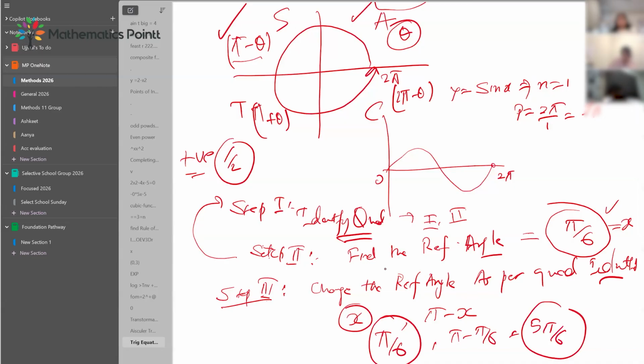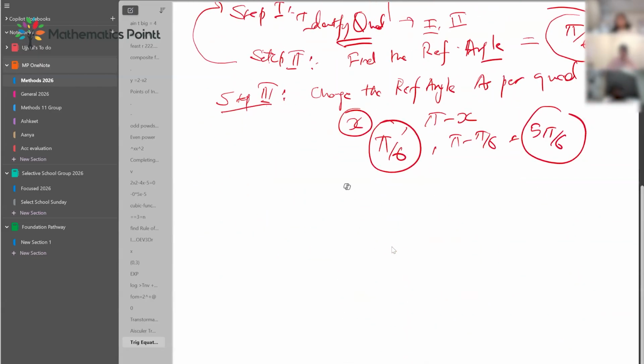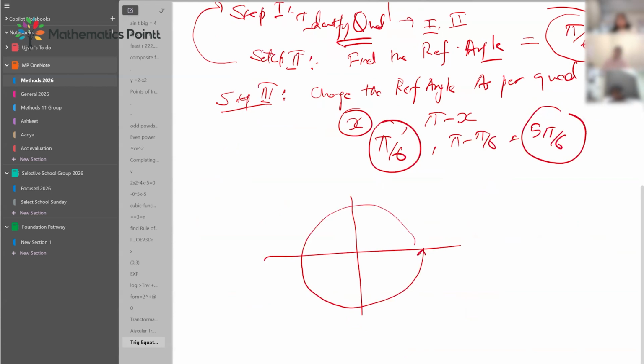What it essentially means is, if I take this down on the unit circle, moving anti-clockwise, I was interested in the first quadrant and the second quadrant because of step 2. I found pi by 6 as my first value, which is here.